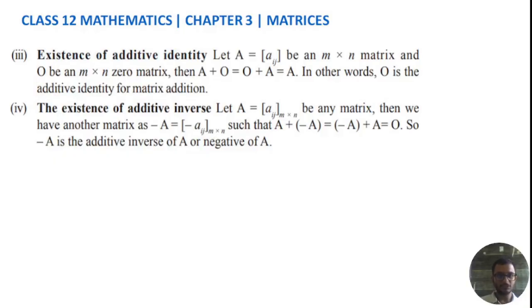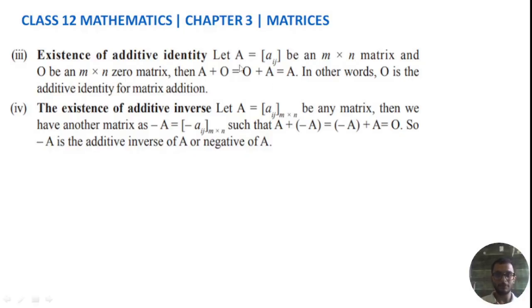So next is existence of additive identity. What does this mean? It means there is one matrix such that if you add it to any matrix, there is no change in that matrix. Did you get this?